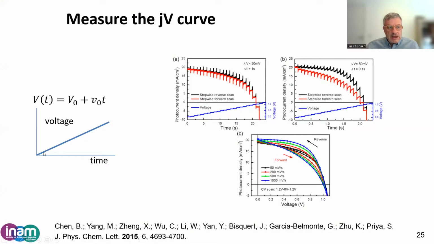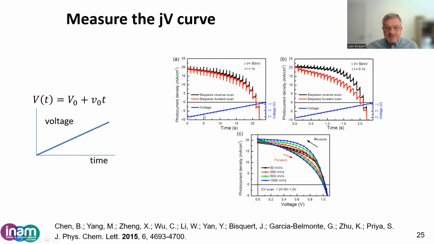Now we go to the topic of hysteresis in halide perovskites. What happens is that we have to measure the current-voltage curve. So we change the voltage with time, make a voltage ramp, but in reality it's made of small steps.